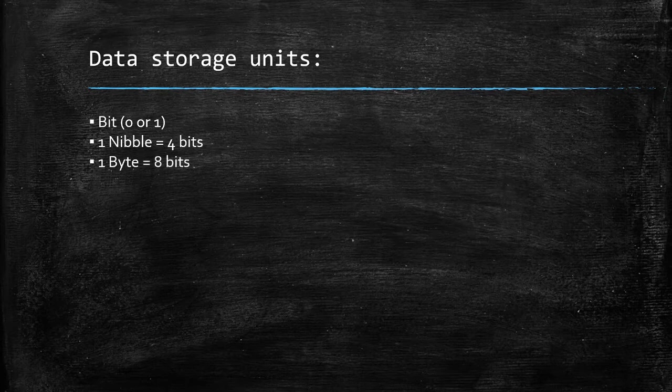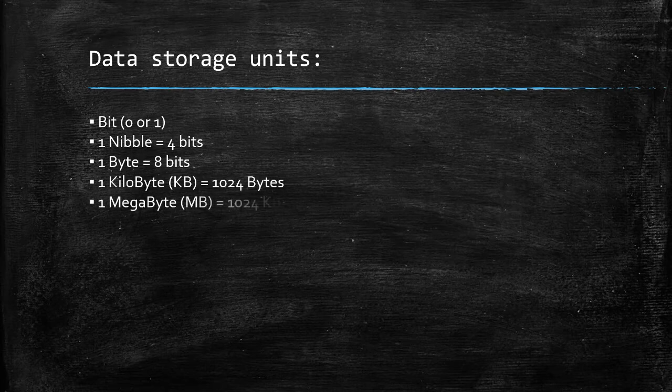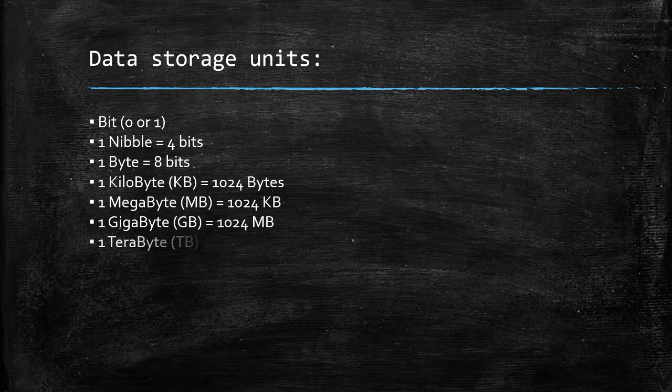And we are all familiar with the term kilobyte, KB. We all say, oh, 3 KB, 5 KB, like that. 1 kilobyte is 1024 bytes. 1 megabyte, MB, is 1024 KB. 1 gigabyte, GB, is 1024 megabytes. Next is terabyte, which is 1024 gigabytes.